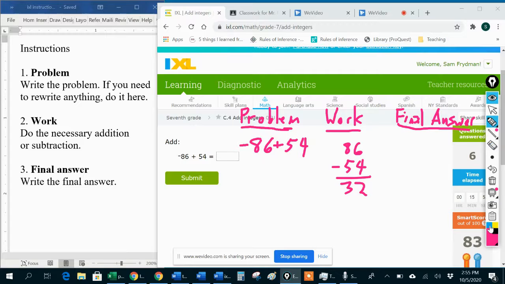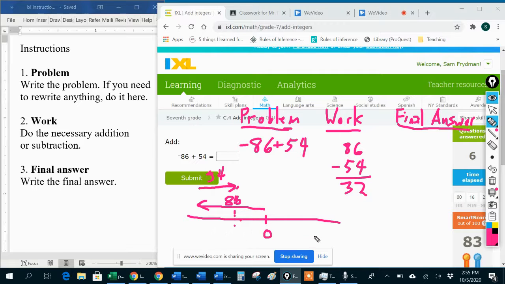So it is a good idea to sketch really quickly a number line. I'm not going to draw every little number, but if this is telling me that from 0, I'm going 86 spaces to the left, and then plus 54, I go 54 spaces back to the right, you can see that I'm still going to end up in negative territory, right?